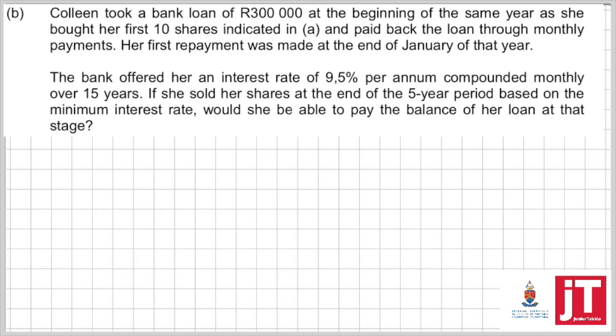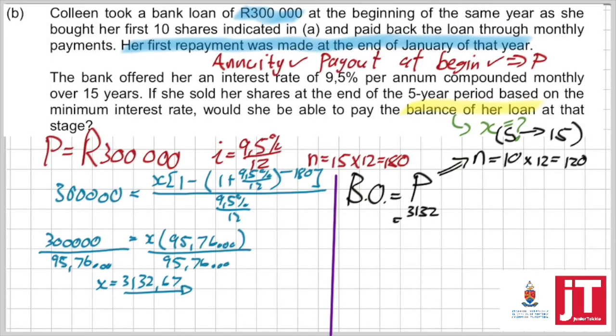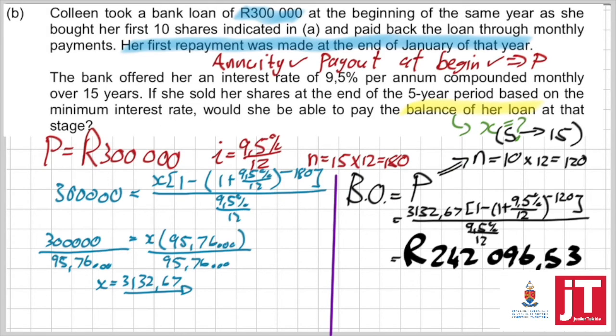Now, if I go right up to the end, I still owe 242,000 Rand. Will I be able to repay? No, I won't. There's still about 37,000 Rand plus minus that I cannot pay.